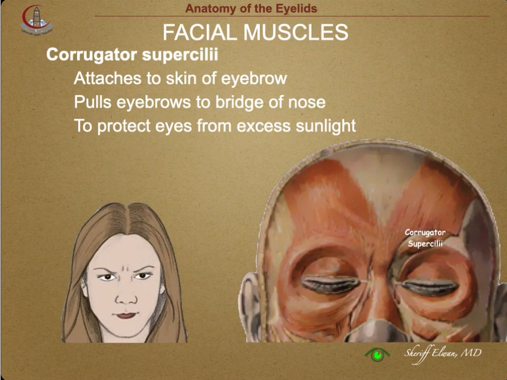Now, the corrugator supercilii muscle, which attaches to the skin of the eyebrow, pulls the eyebrows towards the bridge of the nose to protect the eyes from excess sunlight. So, sort of wrinkling in the area of the glabella in between both eyes. So the corrugator supercilii is a muscle that pulls the medial ends of the eyebrows medially and down.